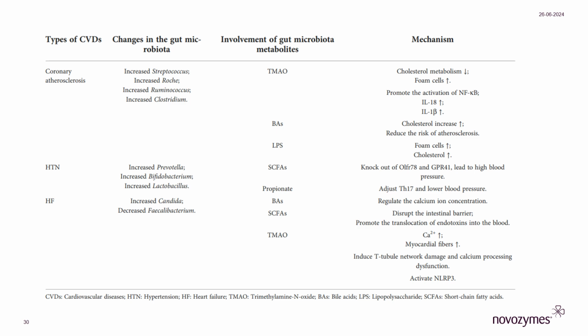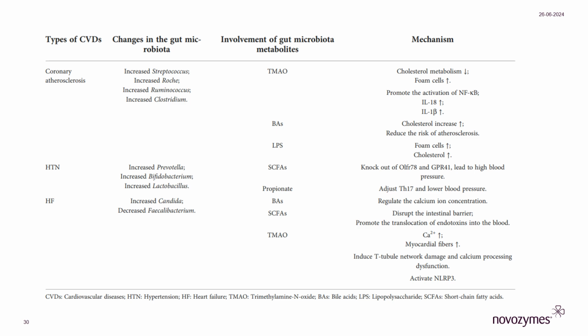The primary gut microbiota metabolite involved in the development of coronary atherosclerosis is TMAO. And this happens by reducing cholesterol metabolism, as well as promoting inflammatory transcription factors and inflammatory cytokines like NF-kappa B, interleukin 18, and interleukin 1 beta.